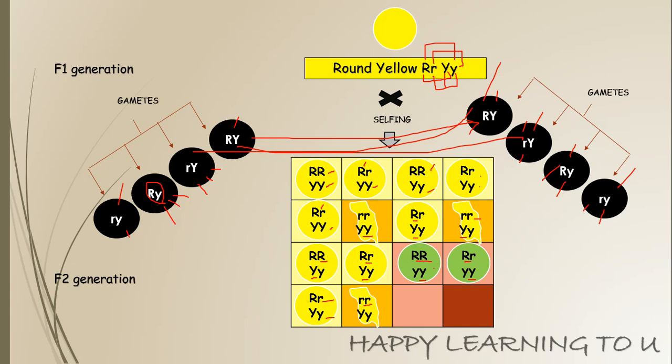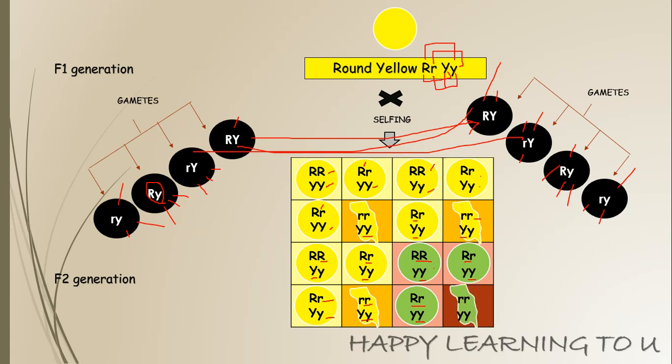So small rr, so the shape here will be wrinkled and the color will be yellow because of this dominant capital Y. Then the third combination of this will be with this. So we have a capital R, small r and both small y. So what will happen, you will get here a round seed shape and green seed color.